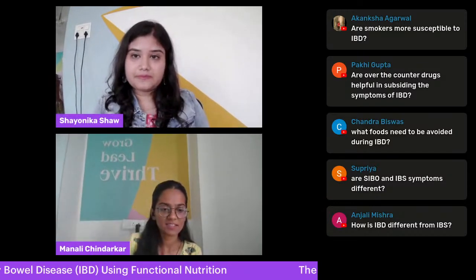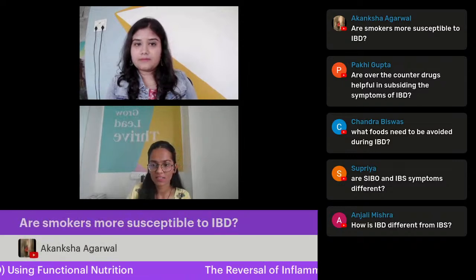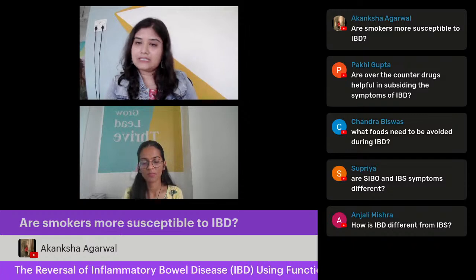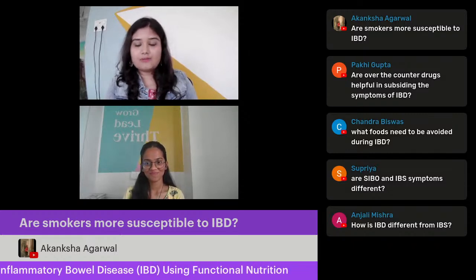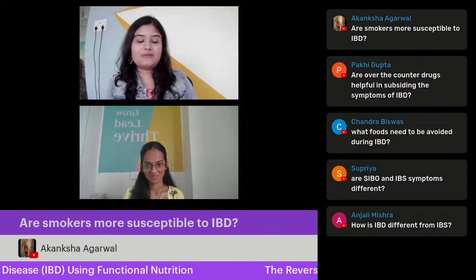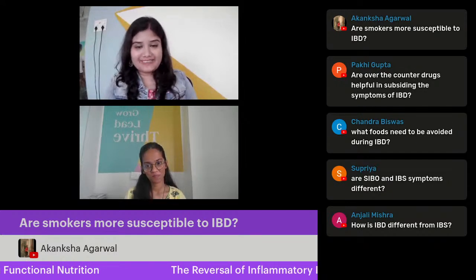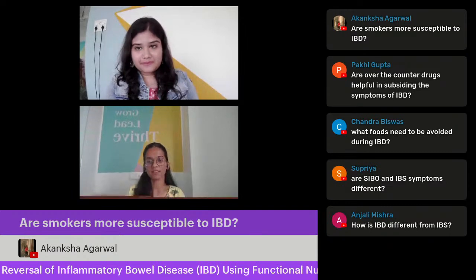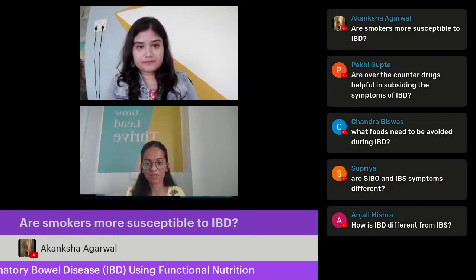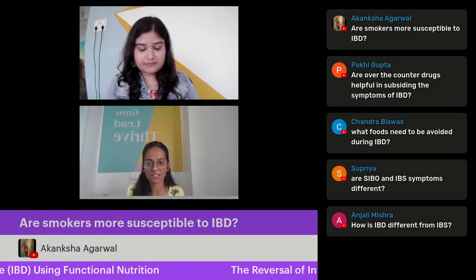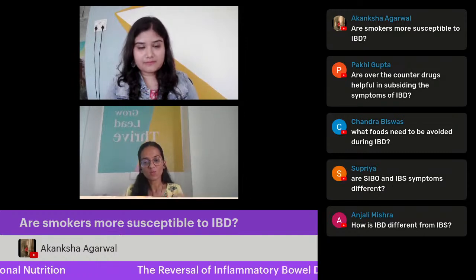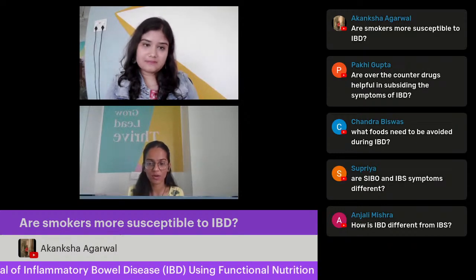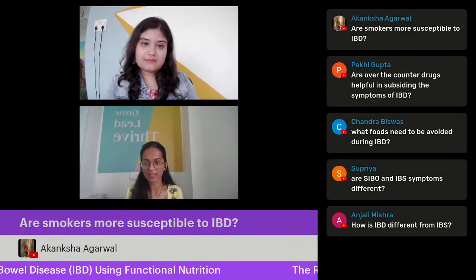Akanksha here asks, are smokers more susceptible to IBD? Yes, definitely. Smokers are more susceptible to IBD. Because of oxidative stress, which is anyway produced in our body as a part of natural aging, smoking adds loads of oxidative stress to our body, and then psychological stress again.